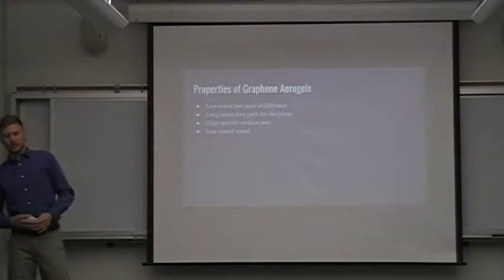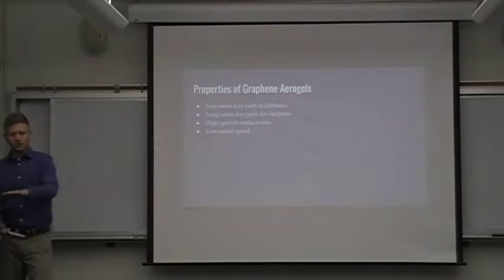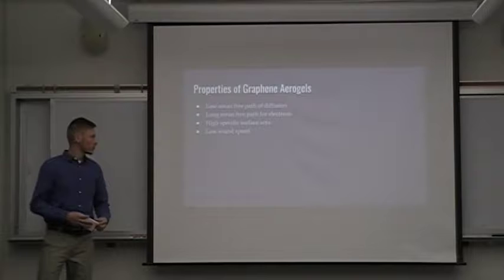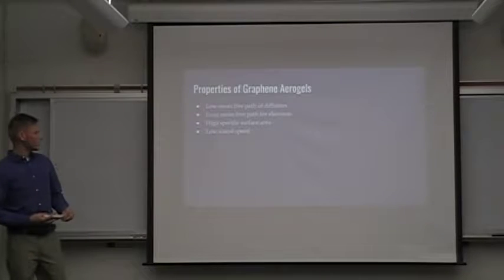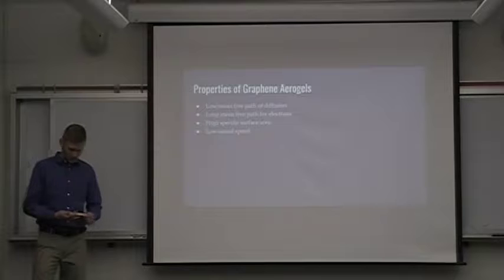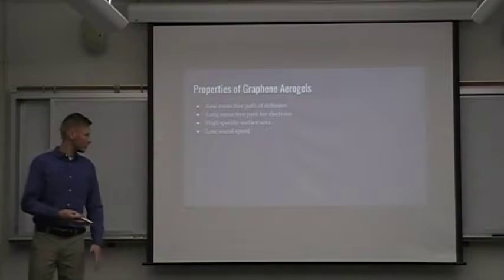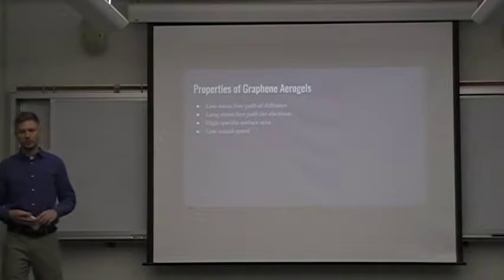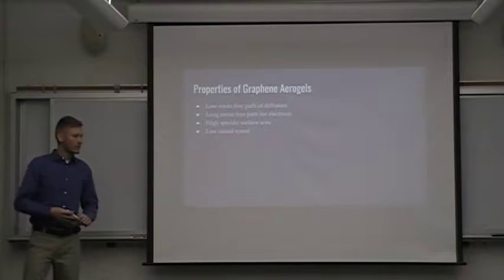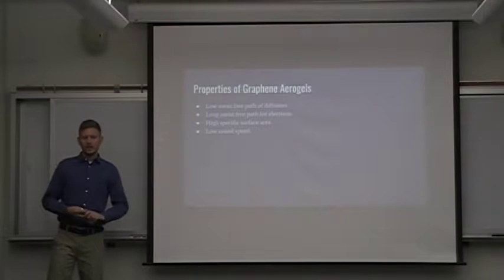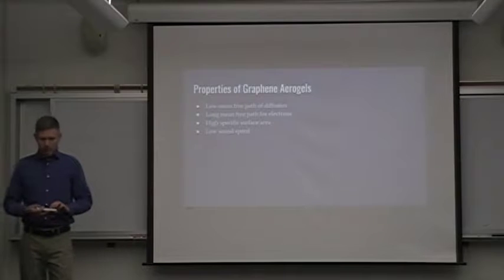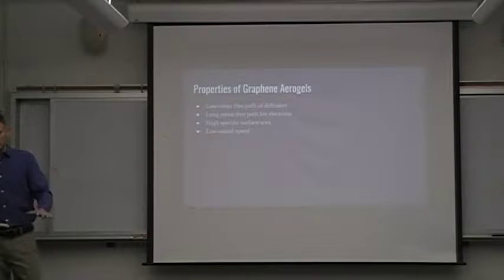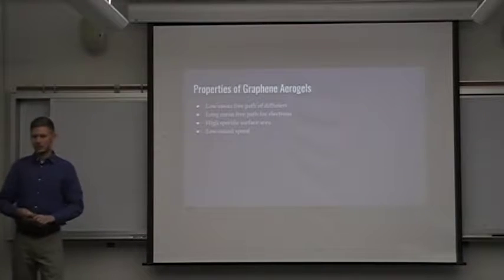However, it has a long mean free path of electrons. As mentioned earlier, the p orbitals are all flat across the top, so electrons can go skating across the p orbitals, and that causes very good conduction. The mean free path is the average distance traveled by a molecule between collisions with another molecule before scattering. Graphene electrons make a great conductor because of the wide open space of the p orbitals, so an electron will not bounce into another electron.